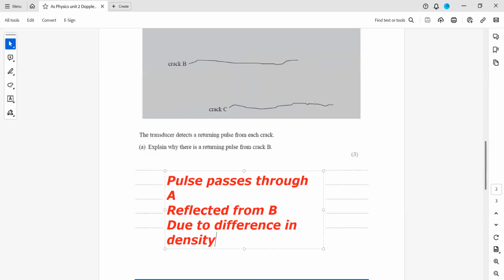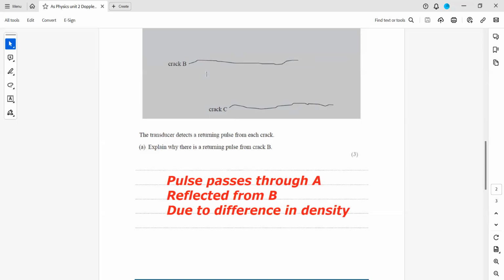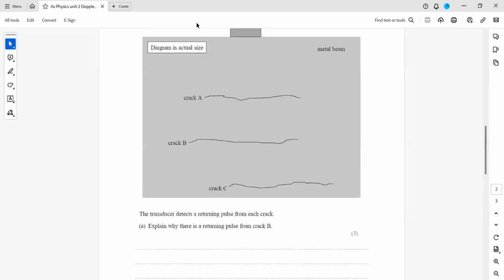These are the points you have to mention. And in the same way, if the same question asked why there is a reflection from C, we would say the pulse is refracted through A, refracted through B, and it is reflected from C due to the difference in the density.